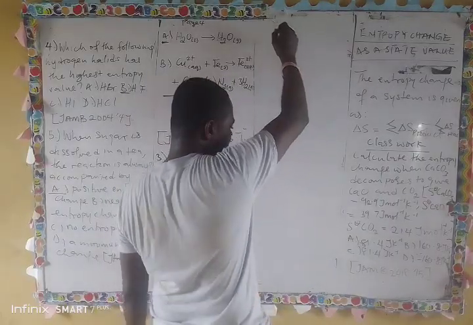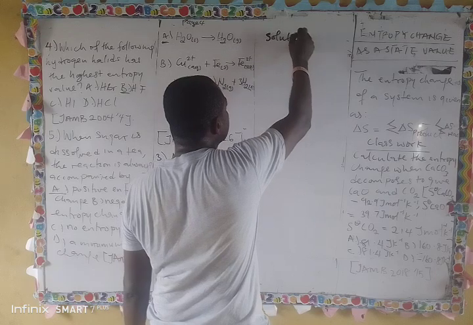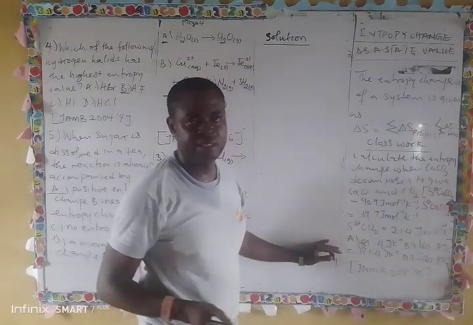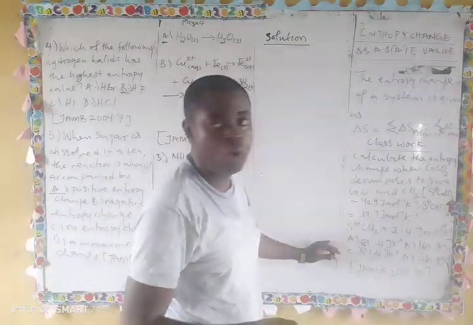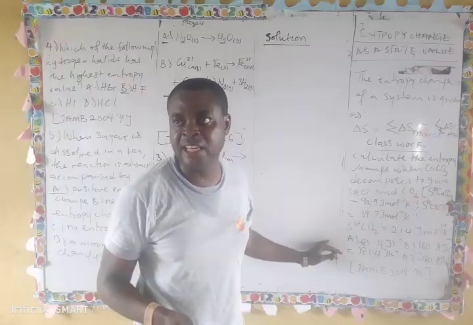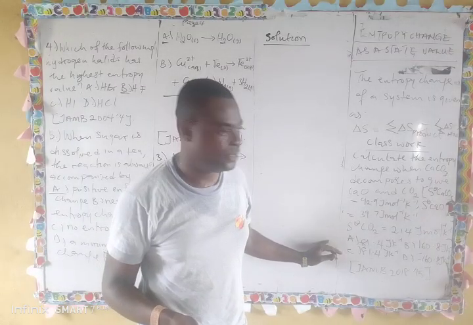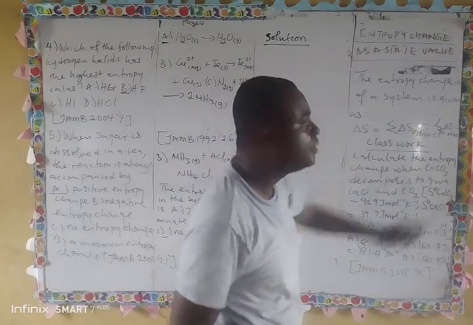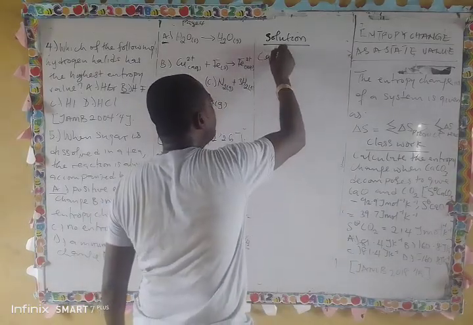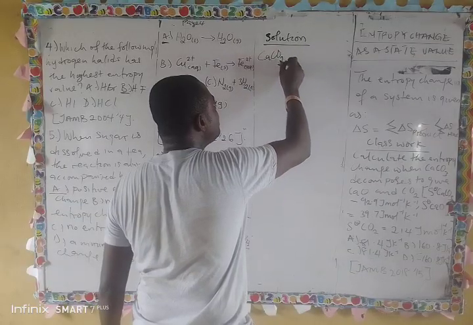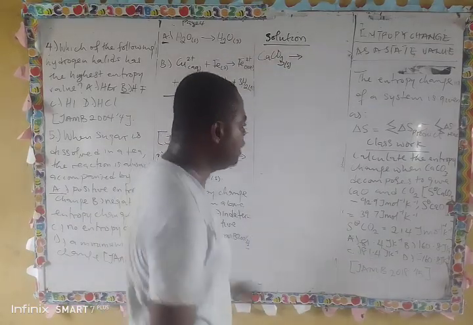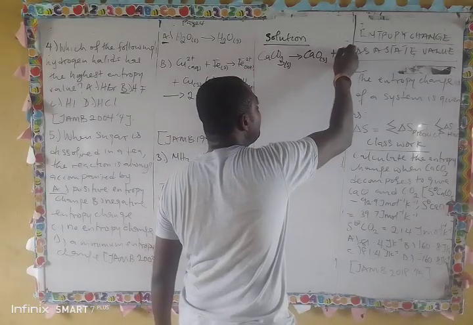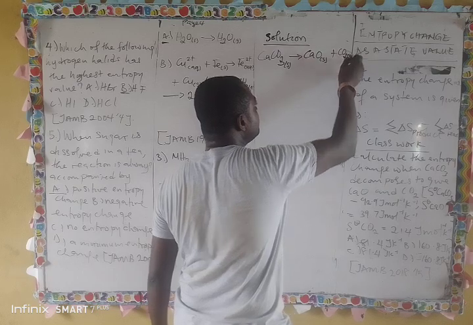Now let's look at the solution to this problem. First thing is to write the equation, to know whether you are going to multiply any of the entropies by any number used to balance the quantities. Calcium carbonate, a solid, decomposes to give calcium oxide and carbon dioxide gas.